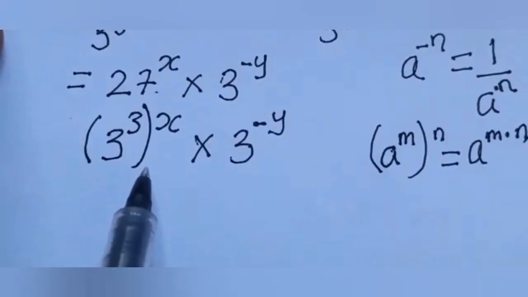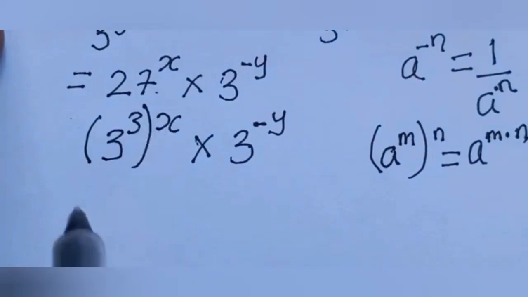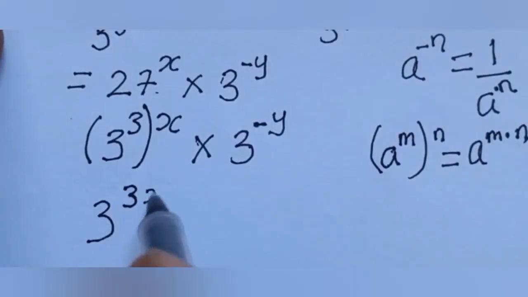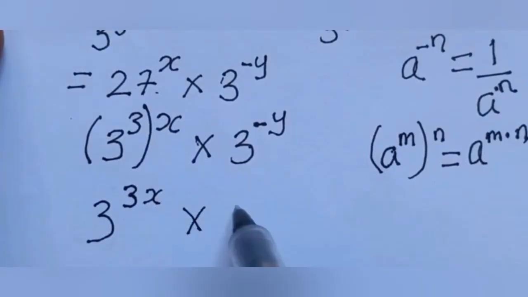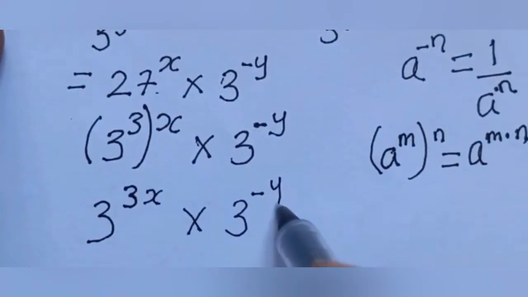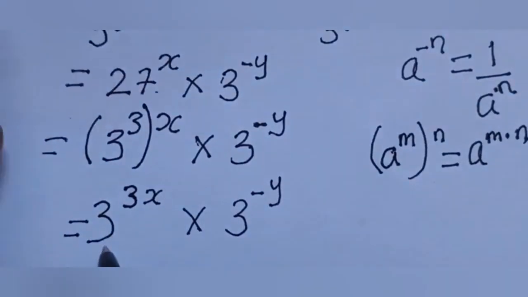So we are going to use this rule here, multiplying the exponents, 3 times x. So we have 3 raised to 3x times 3 raised to power negative y. Again here, you can see the base here is 3 and here the base is 3.